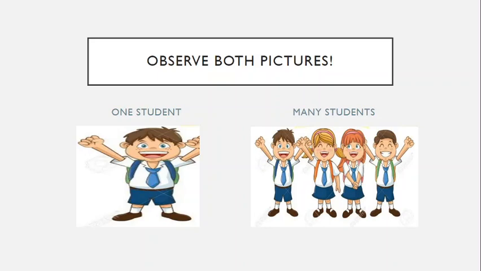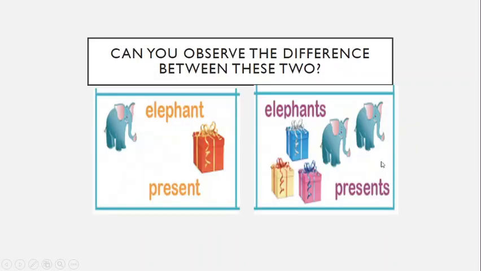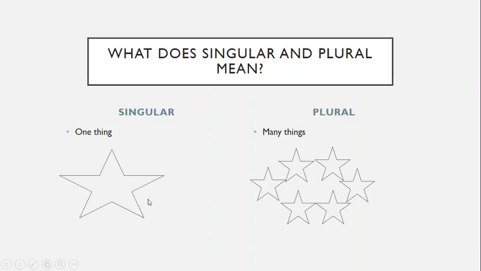I hope you are understanding what I am saying. Here is one student and there are many students. Here is one elephant, here are many elephants. Here is one present and here are many presents. And here is one thing and many things. So if you have one thing, you call it singular. And if you have many things, you call it plurals.